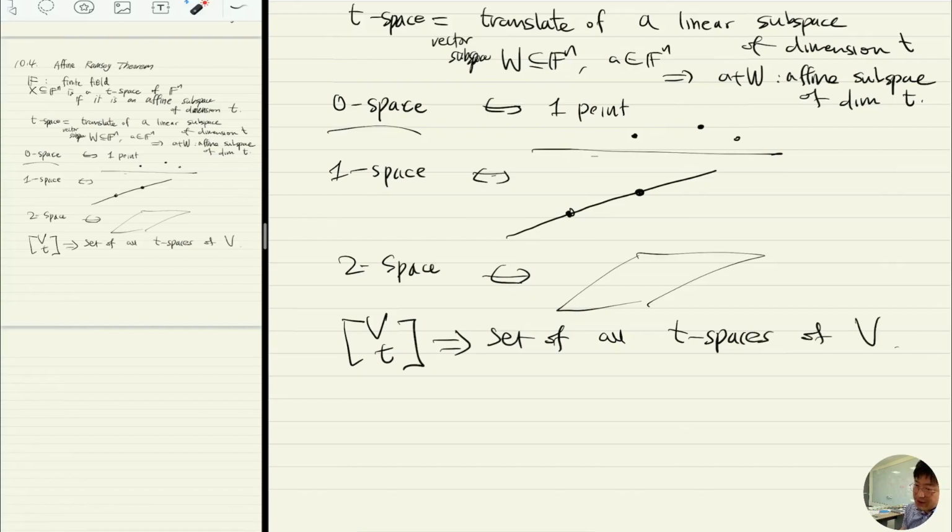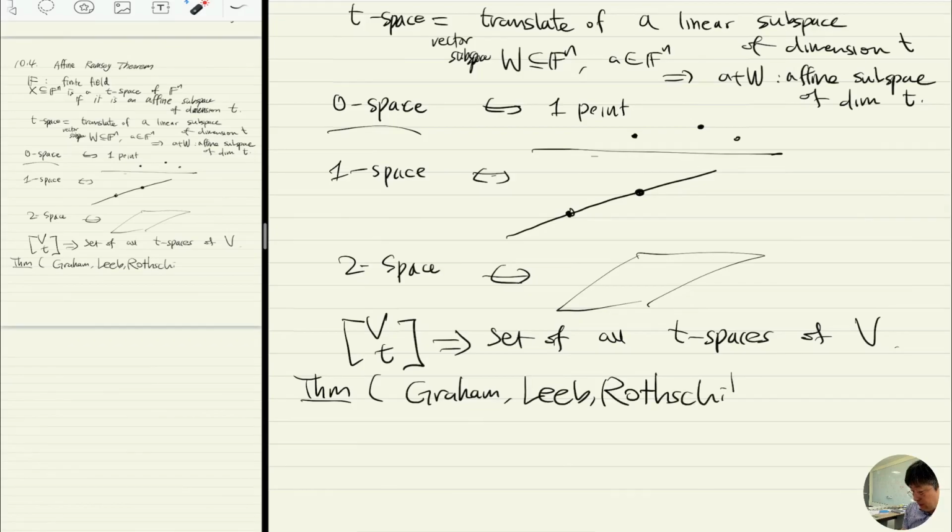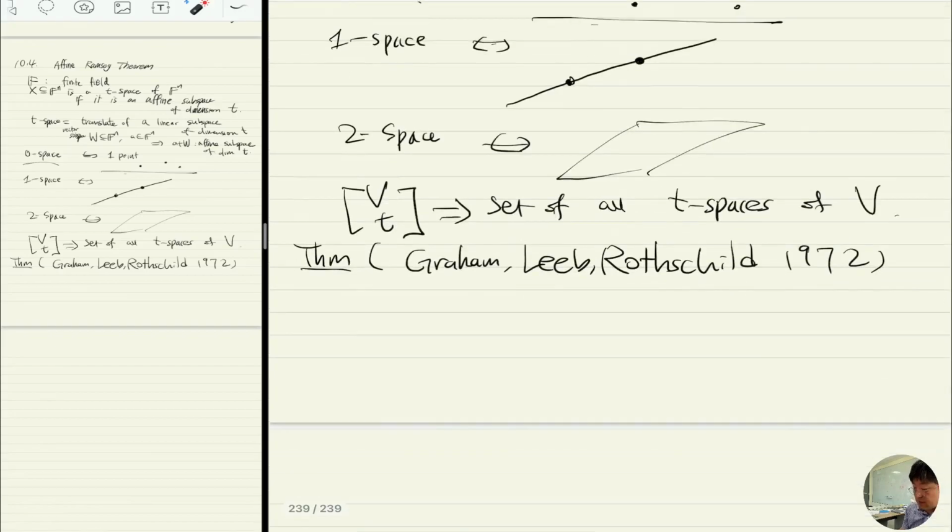There are only finitely many such t-spaces because the field is finite. And here's the theorem. This is due to Graham, Leeb, and Rothschild in 1972, and let's call it the affine Ramsey theorem.